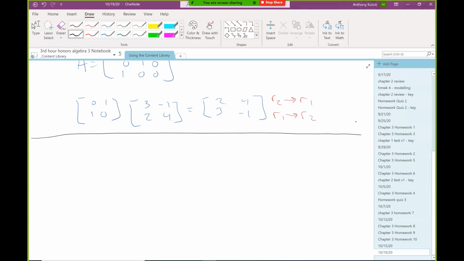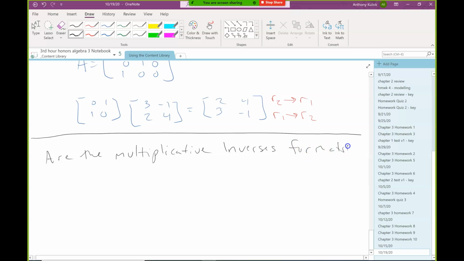Okay, so for matrices, do we have a multiplicative inverse? What do I mean by multiplicative inverse? So what we're asking is, for any matrix A, is there some matrix B?